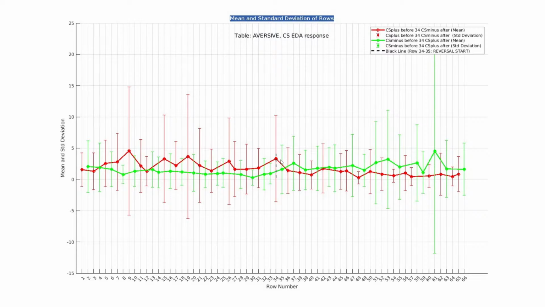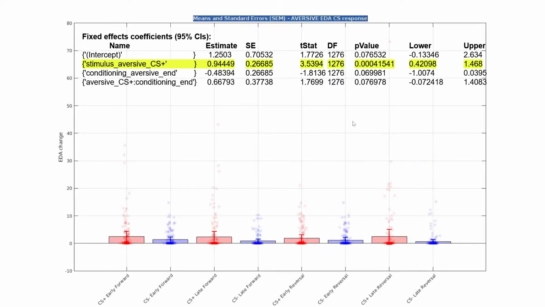Once again, it can be seen that there is a reversal: the extinction of the previous CS plus, and the acquisition for the other CS plus, which previously was the CS minus. So the EDA response shows the same pattern, the same level of significance.